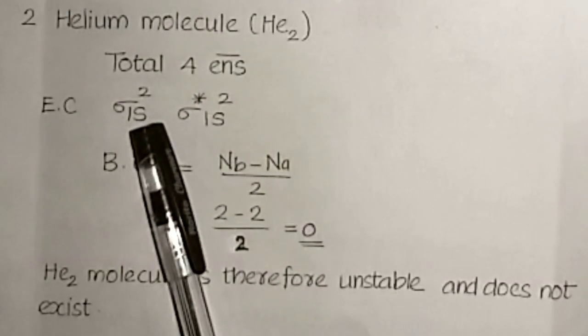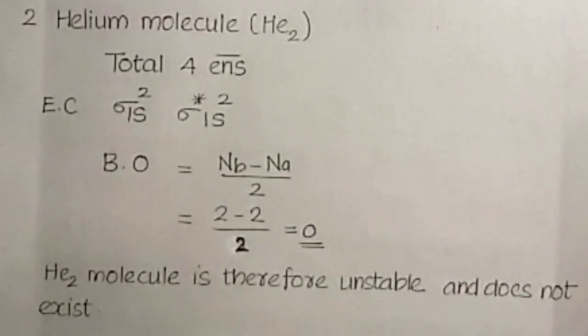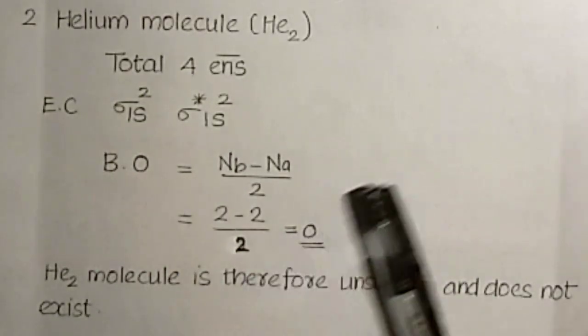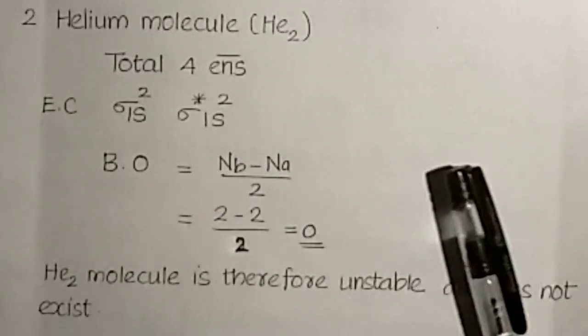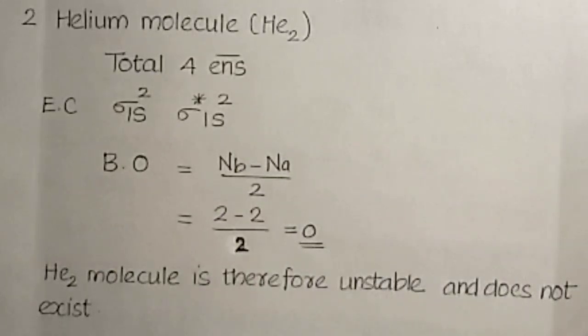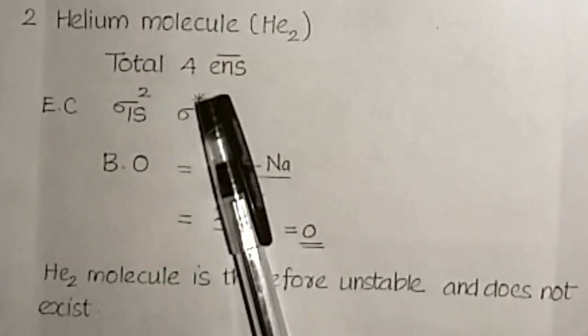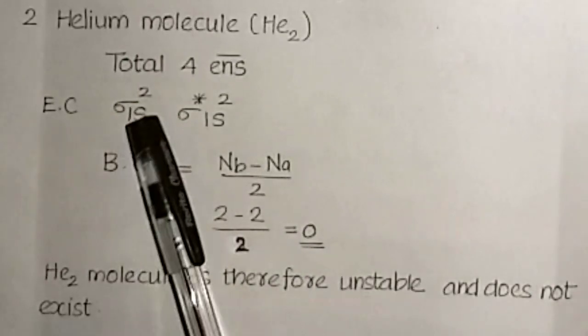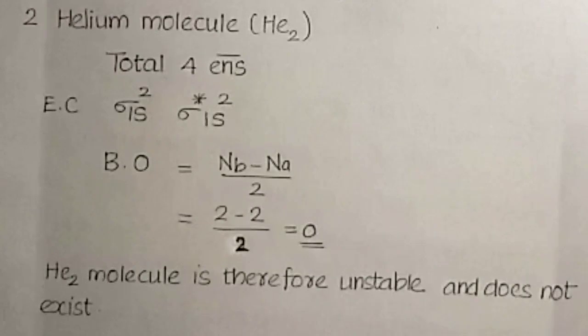This is the bonding molecular orbital of 1s and this is the anti-bonding molecular orbital of 1s. The 1s atomic orbital of one atom combines with the 1s atomic orbital of the other atom, and we get 2 molecular orbitals: one is sigma 1s and the other is sigma star 1s.